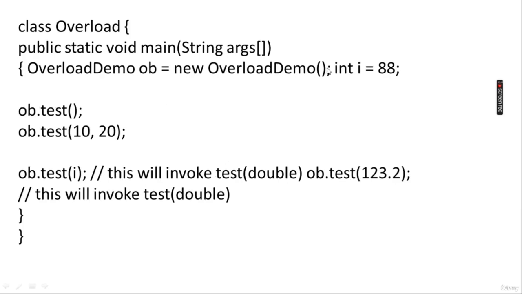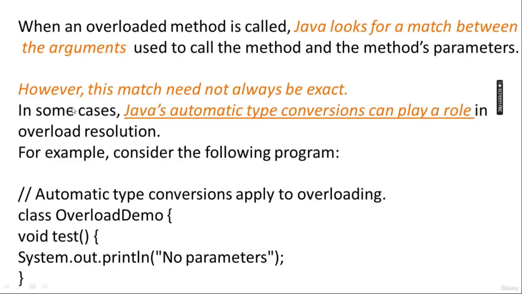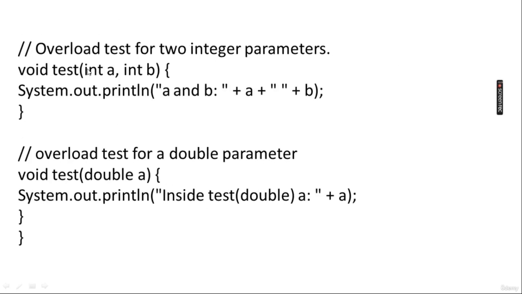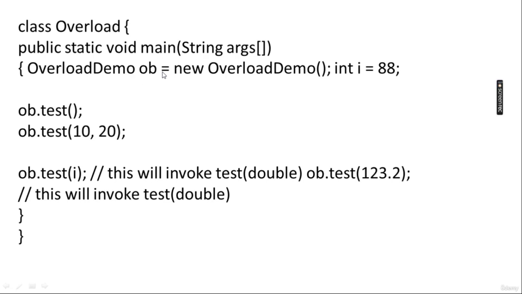So when I call, int i is equal to 88, ob.test will call this first method that has no parameters. Then ob.test(10, 20) will call this method that has 2 parameters. And third one, ob.test(i). So i value is 88. So it will go to ob.test(i). But i is an integer value.